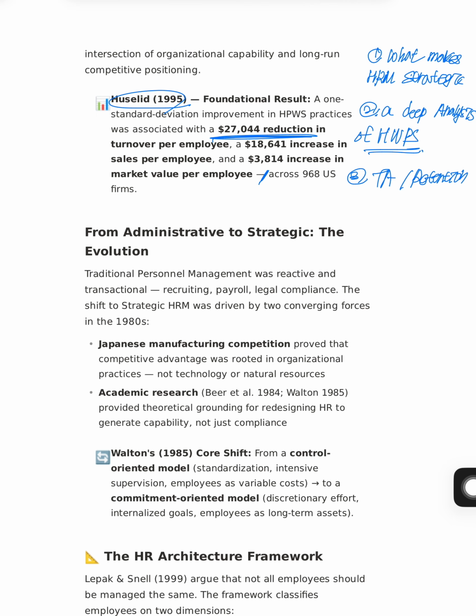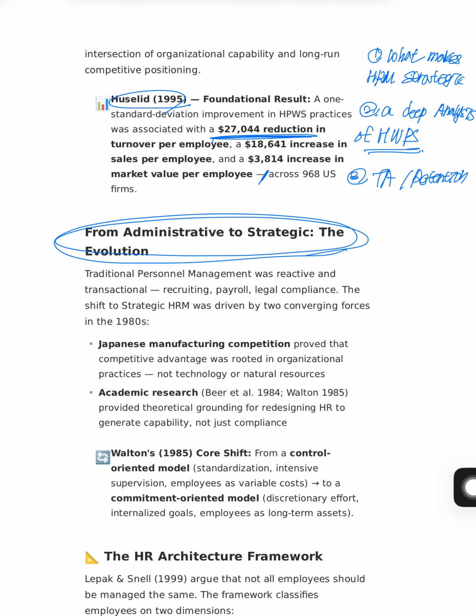Okay, so we move to understand SHRM. To understand what SHRM is, we must first understand what it replaces.